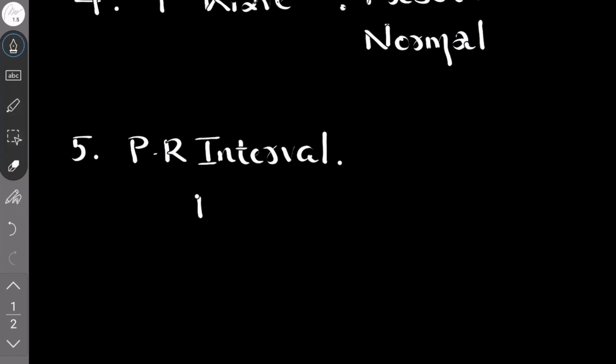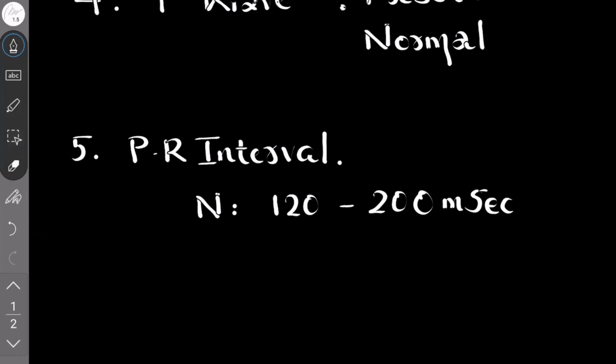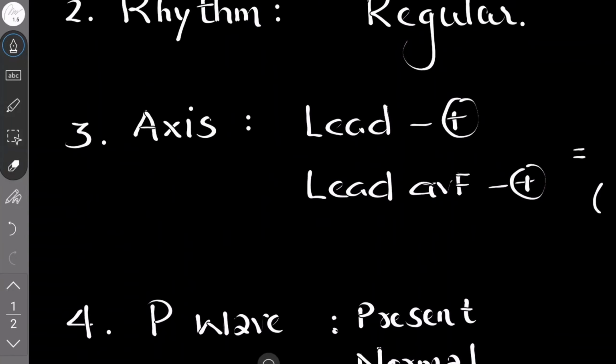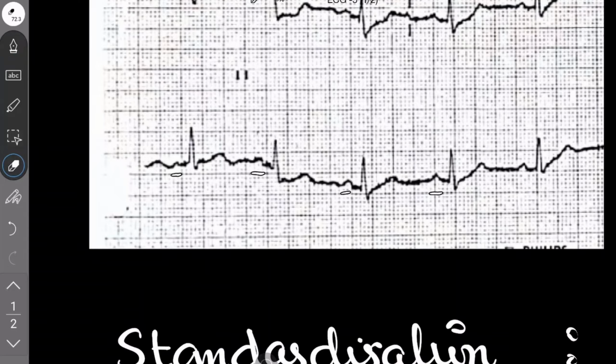Next comes the fifth one, the PR interval. Normally it is 120 to 200 milliseconds. But here, what is it? We check clearly in lead 2.